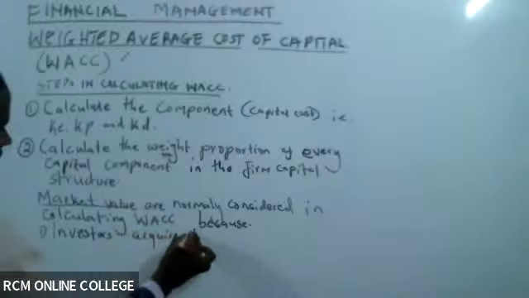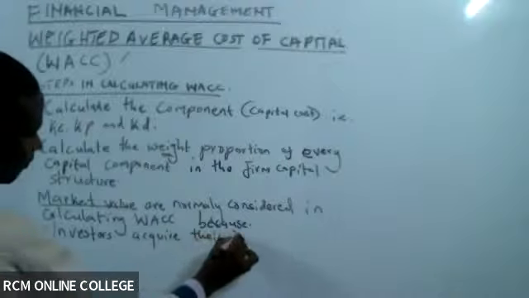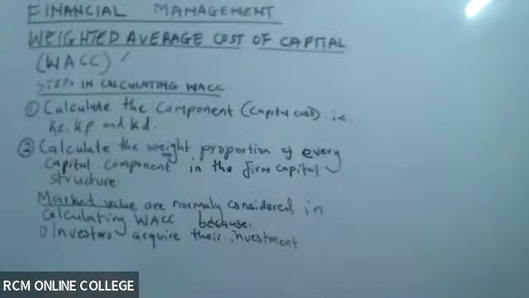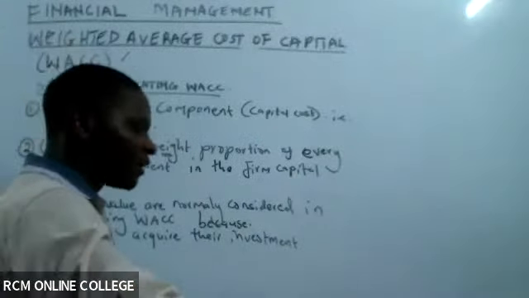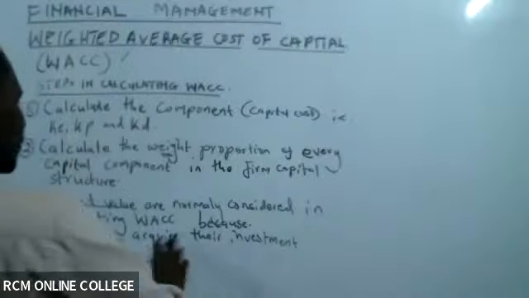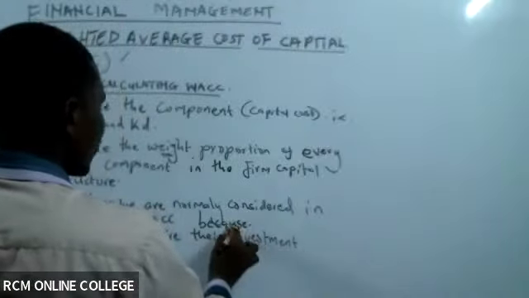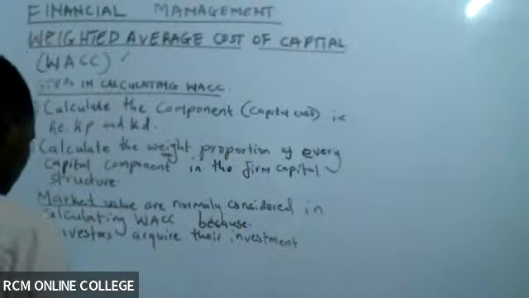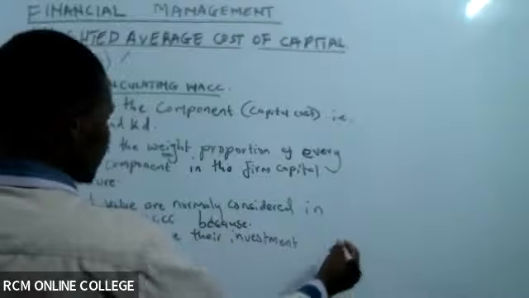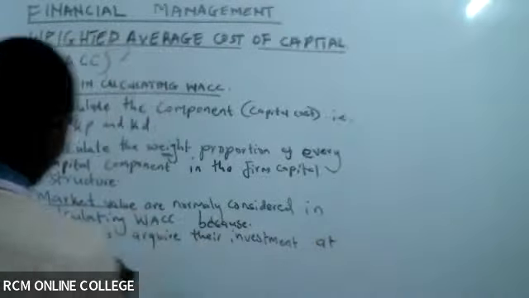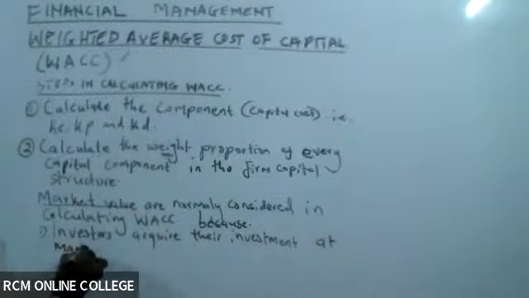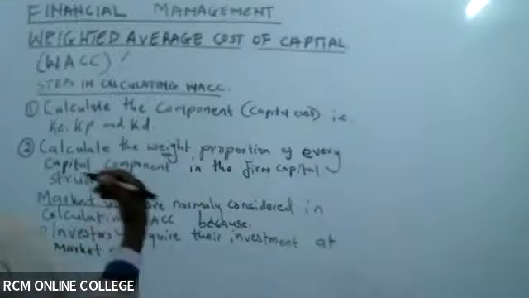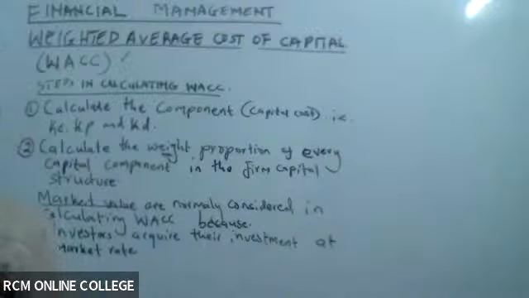I know you people, we have great investors here. When you acquire your investment, you acquire them at a market value, at market rate. That's why we shall be using the market value when calculating this.